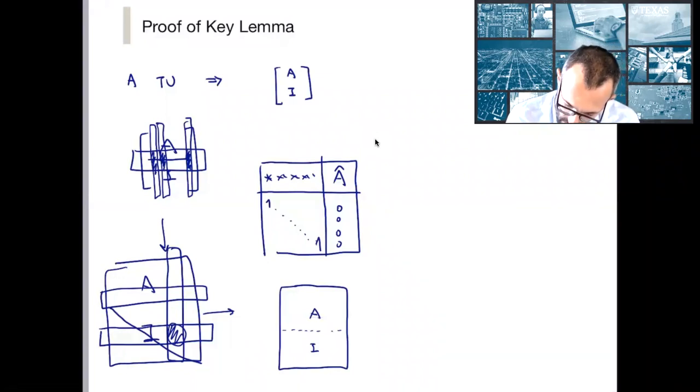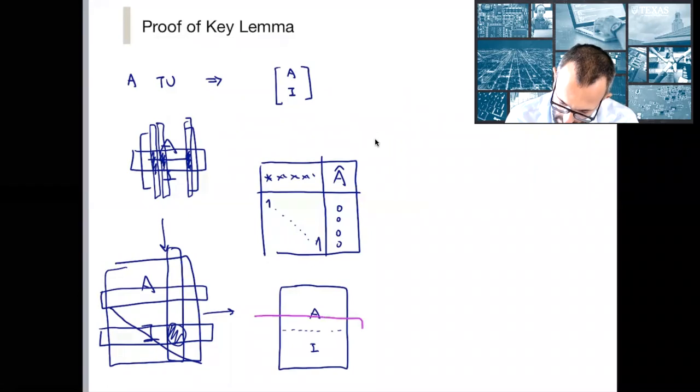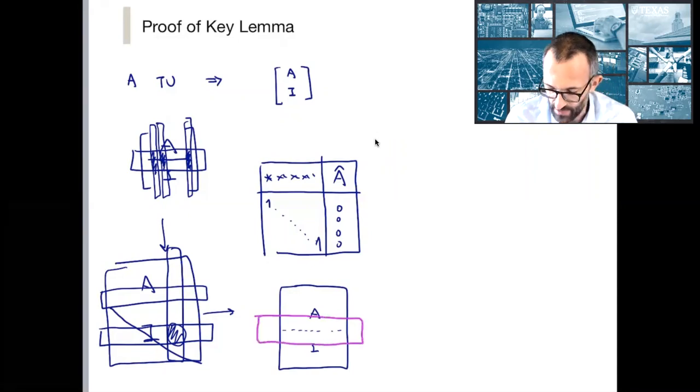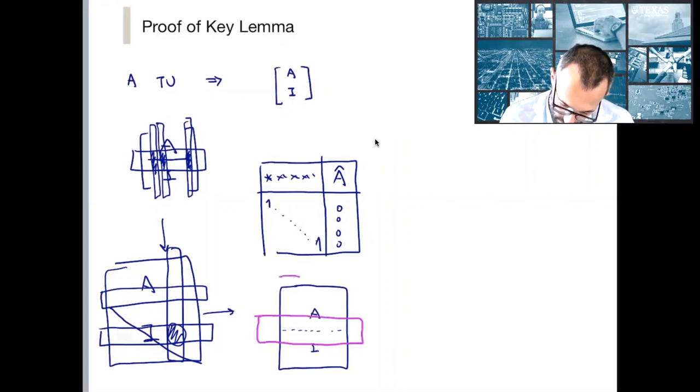The square submatrices that make sense must look something essentially like that. So I'll have ones coming down here for I. Then this is zeros because the ones in I continue.